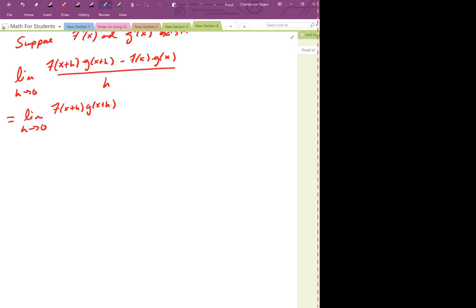And here's our little trick for this particular limit. I'm going to first subtract the factor f of x plus h g of x. It's not entirely clear why I'm picking this factor, but I'm going to write it first as subtraction, then as addition. So one way to look at this is I'm adding a net of 0 inside this expression.